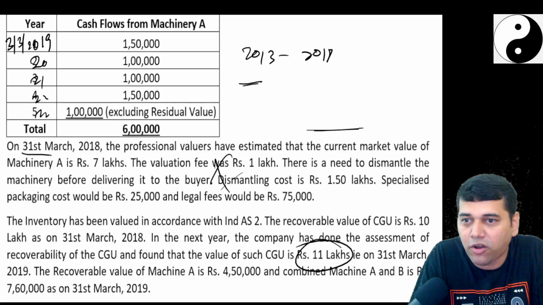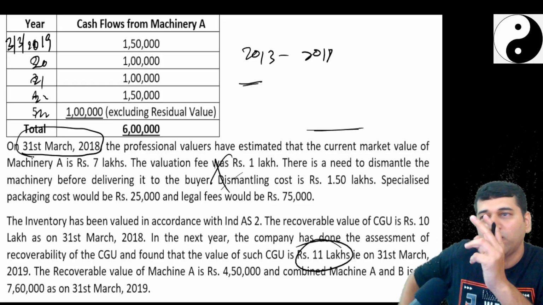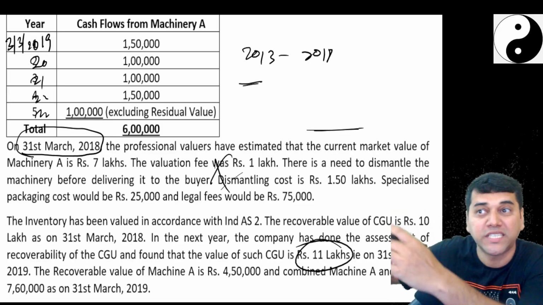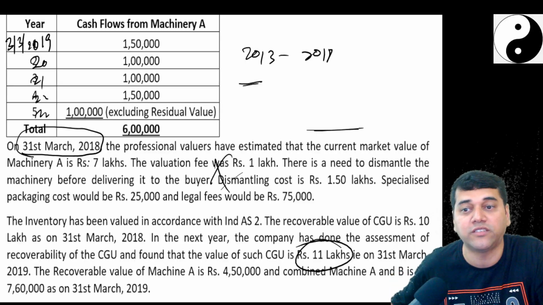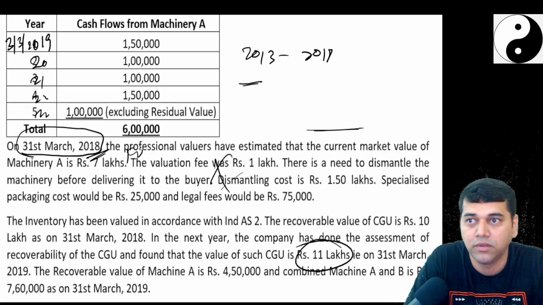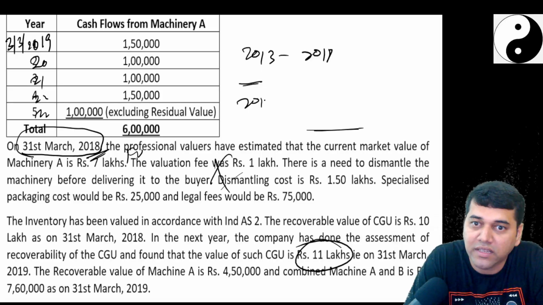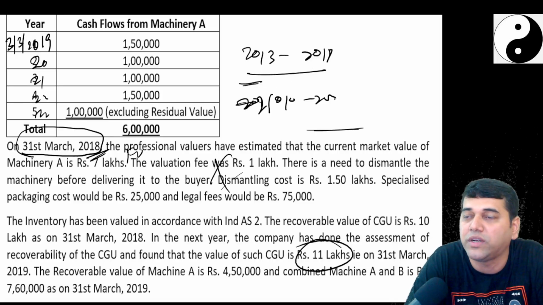Now this is on 31st March 2018. Now I see on one place there is an information gap. Another place very clearly they have told it is 31st March 2018 fair value. Now tell me students, what makes sense to you? Assuming this 2013 to 18 makes sense to you or 2019 to 2023 makes sense to you?